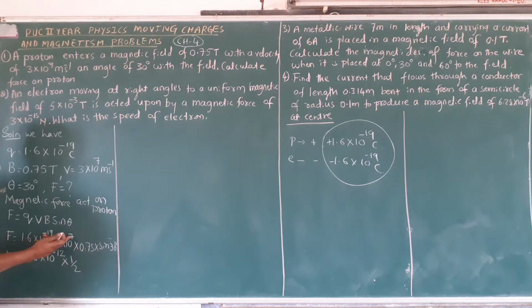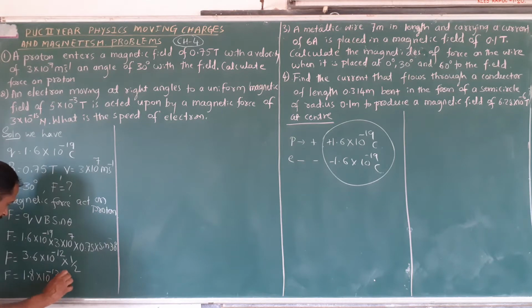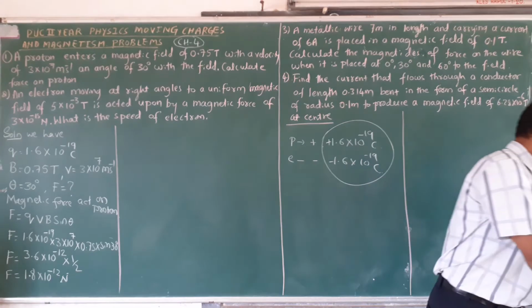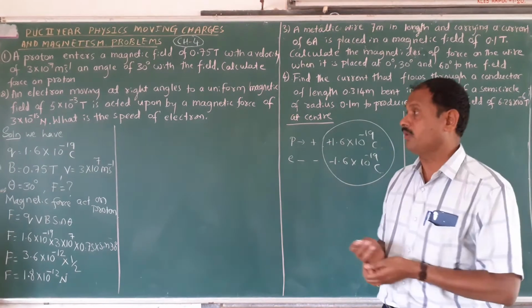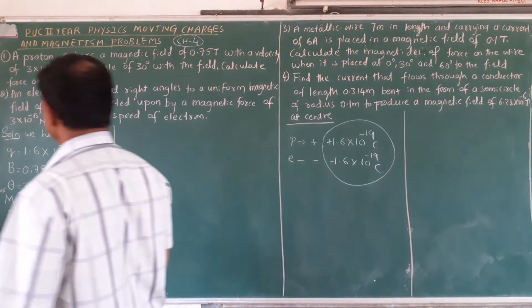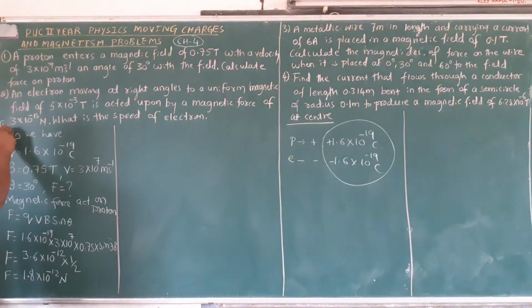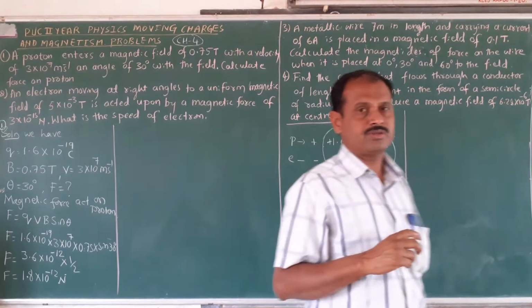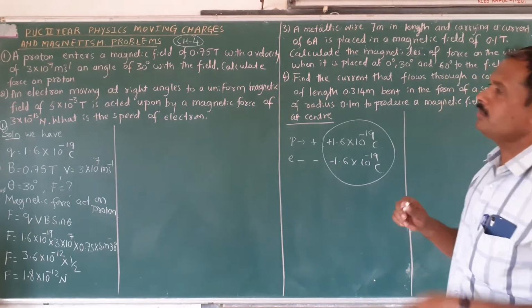Minus 19 plus 7 means minus 12. Now divide by 2: 3.6 divided by 2 is 1.8. So 1.8 into 10 to the power of minus 12 Newton is the force acting on the moving proton in the uniform magnetic field. This is the solution of the first problem. Now come to the second problem.